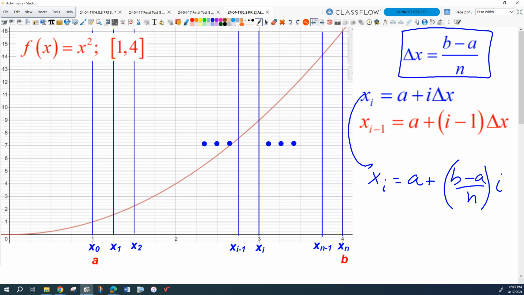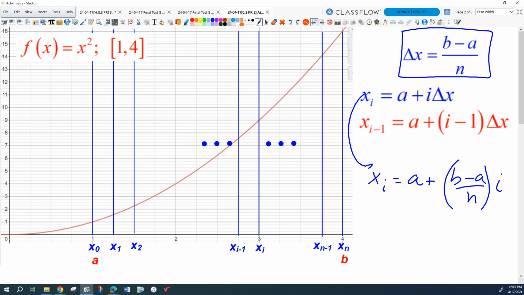We do that a lot in calculus. We're going to have some index variable, and it could be j, could be k, could be i. It's usually one of those three. That's the index variable that's going to vary from the first to the last, and it could be any one in between. i is going to increase from 1 up to n, whatever n is, right?